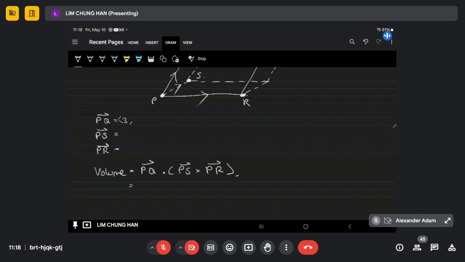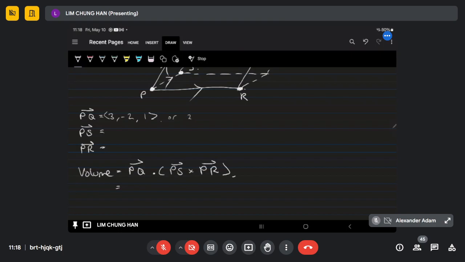Three i minus 2j and k, right? Yes. Okay, good. You can write it like that, or you can write it like this, doesn't matter. Or 3i minus 2j plus k. Correct. Both are correct. Okay, very good. Someone else?